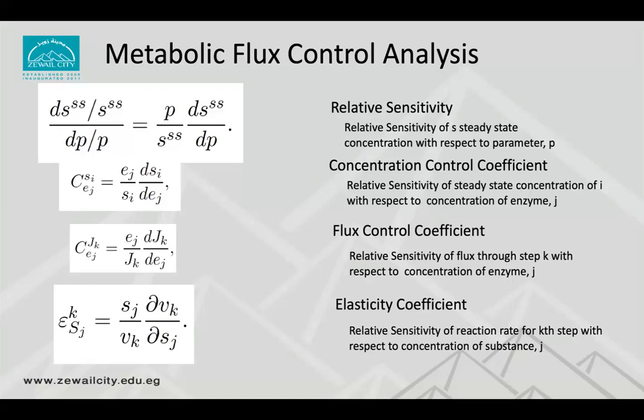So you've got the concentration control coefficient, which is defined in this way. It is the degree to which the steady state concentration depends on an enzyme concentration. Flux means the rate of production, how that depends on the enzyme concentration, and so forth. It needs to be defined for every enzyme in the pathway, and every substance.